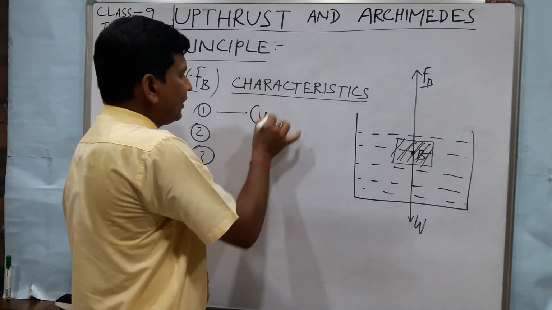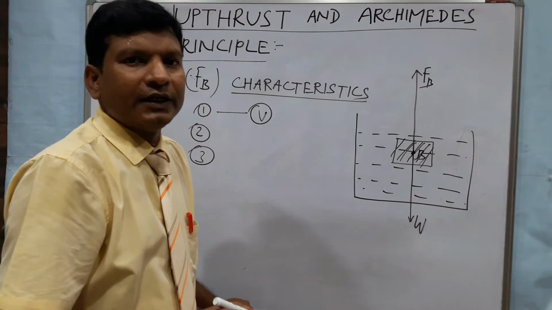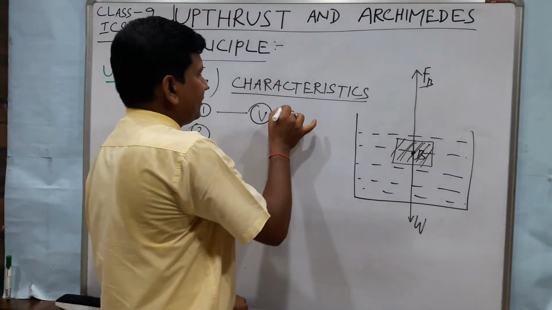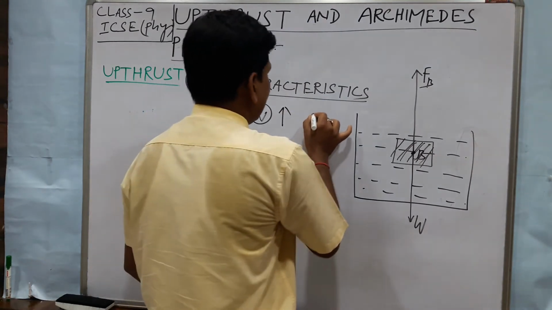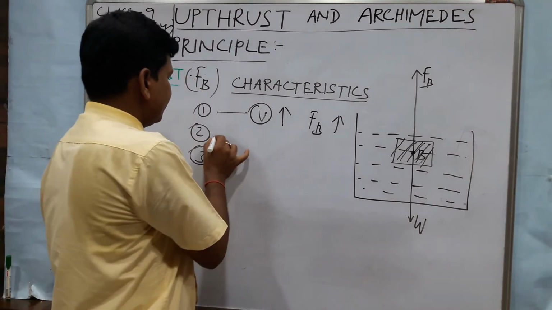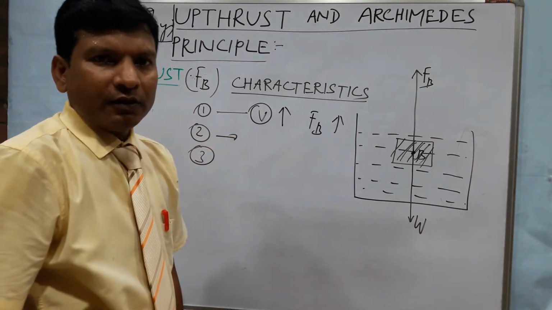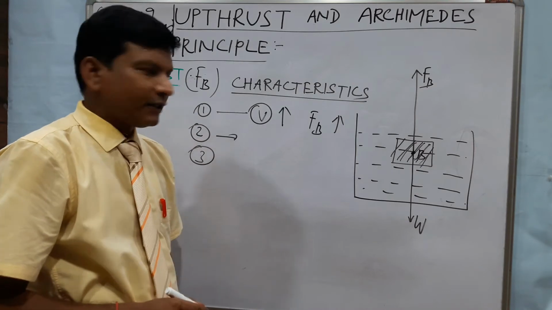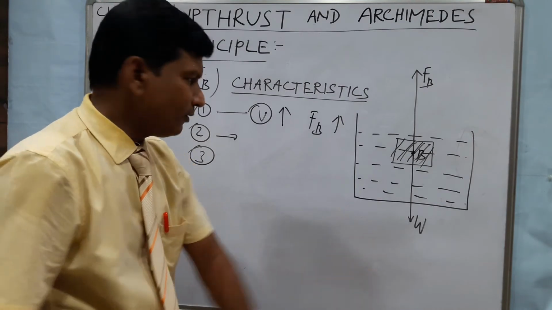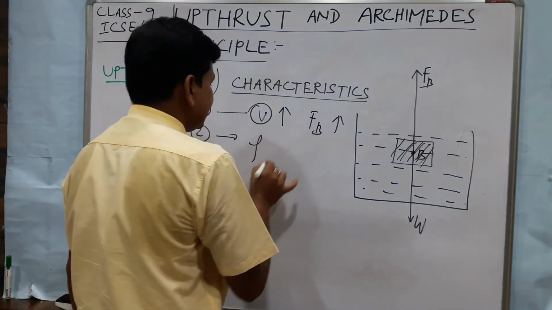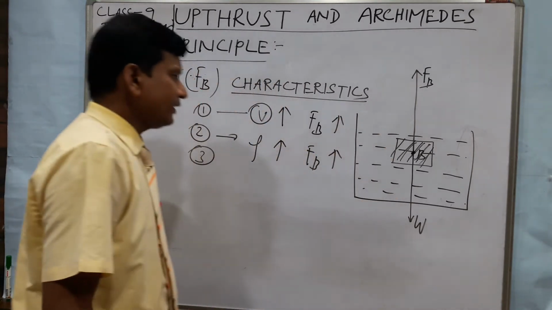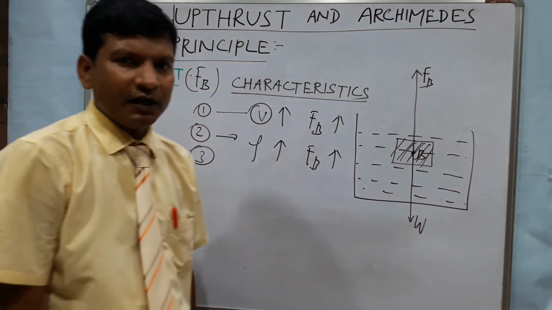If the volume of the immersed part of the body in a liquid is more, then the upthrust will also be more. Now number two, it depends on the density of the liquid, isn't it? If the density of the liquid is more, then what happens? The upthrust becomes more. So with increasing density, the upthrust also becomes more. Alright, so these are the factors affecting the upthrust.